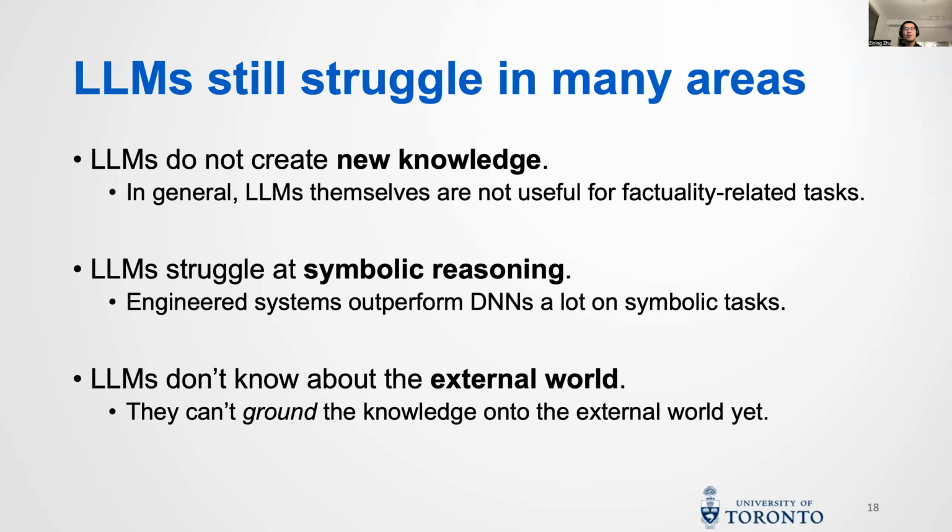They can't ground the knowledge onto the external world yet. All the knowledge large language models have is, in my opinion, on the language level. They know a lot about language. They know about the syntax, the semantics, and the discourse, but they do not know about the real world. Future research on large language models needs to improve on all of these aspects.